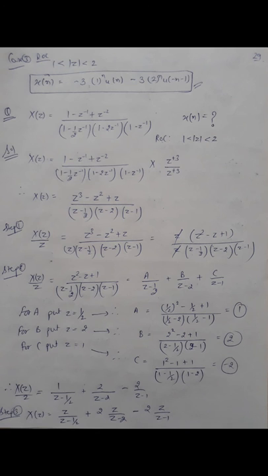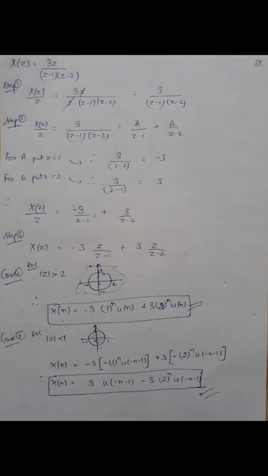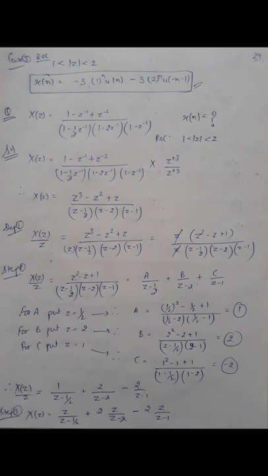And for mod of z less than 2, see the second part, z upon z minus 2. Here the pole exists at z equal to 2, and less than 2 means we will include the answer from the second part, that is minus 3 times 2 raised to power n u of minus n minus 1. In this way we will write the inverse z transform x(n) for case 3: one part from the greater than ROC and the second part from the less than ROC.